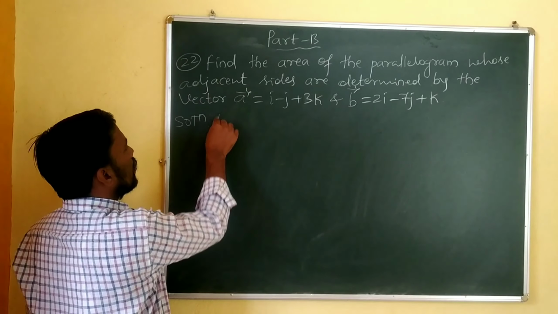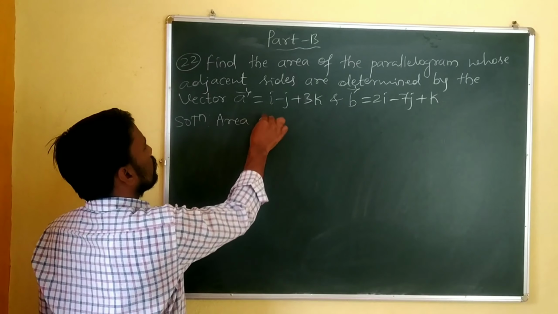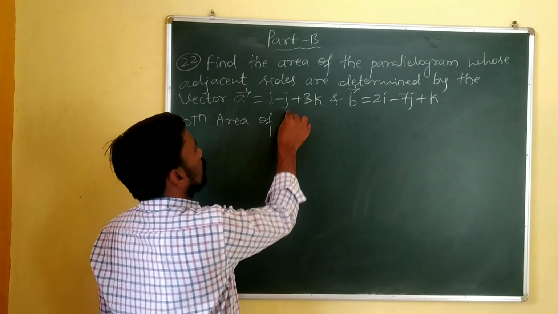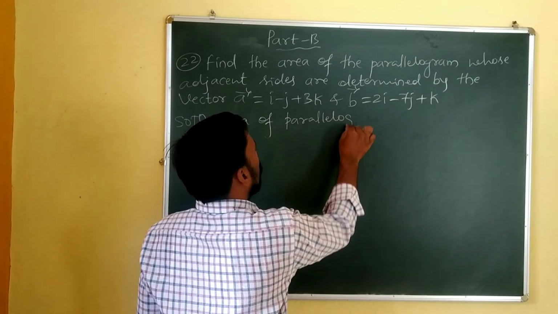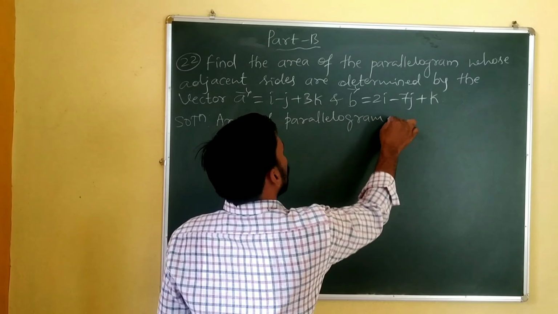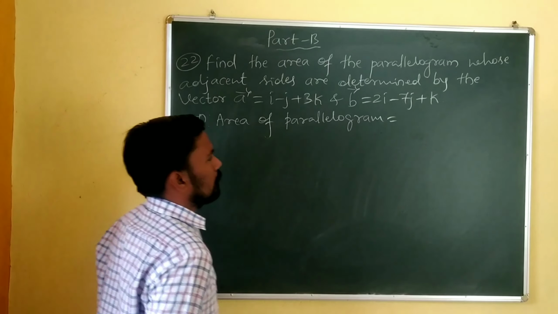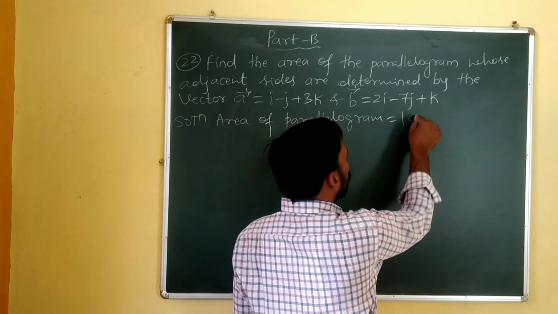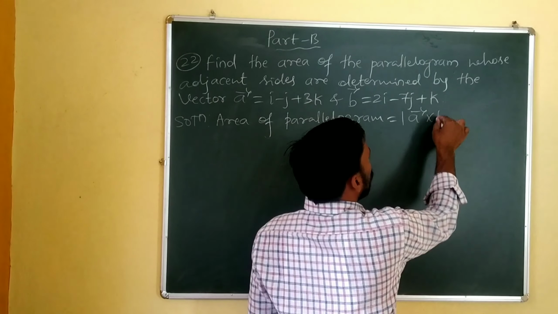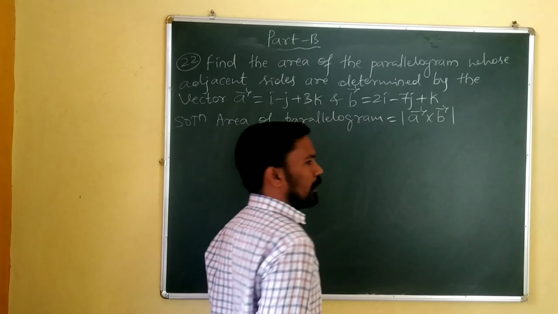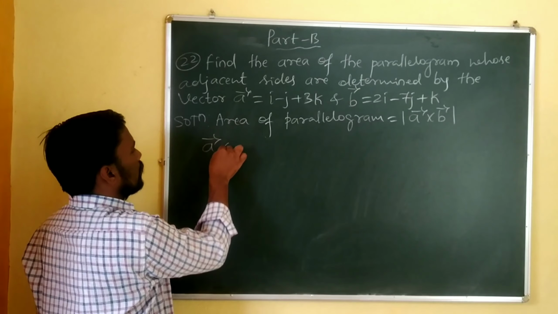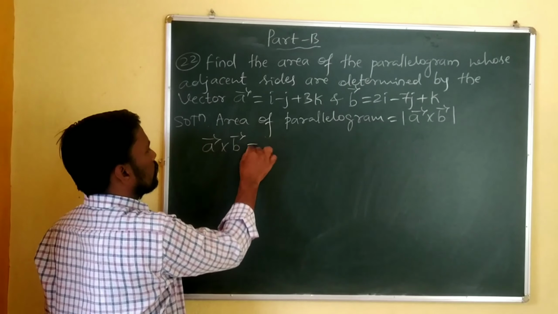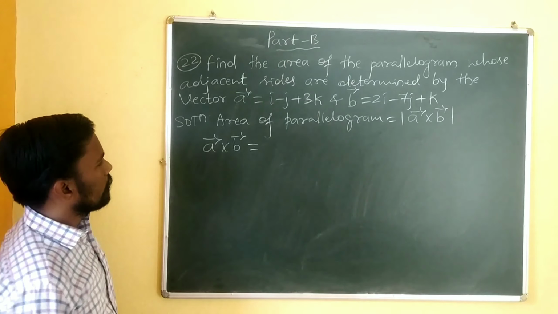We know that area of parallelogram is equal to what? It is magnitude of A cross B. So let us calculate A cross B value. A cross B is equal to cross product.